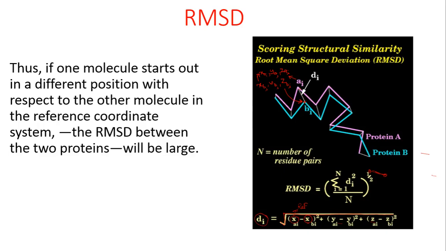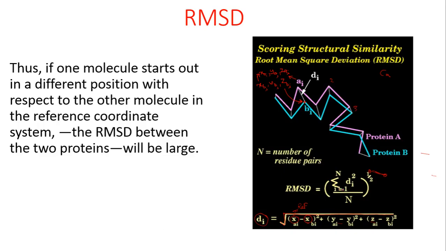Okay, so this is done for a single atom, and therefore you would repeat the same thing for whatever atoms you are considering for calculating the RMSD. If you are considering only C alpha carbon atoms, then you would consider the C alpha of the next residue pair, that is the second residue pair, then the third residue pair.